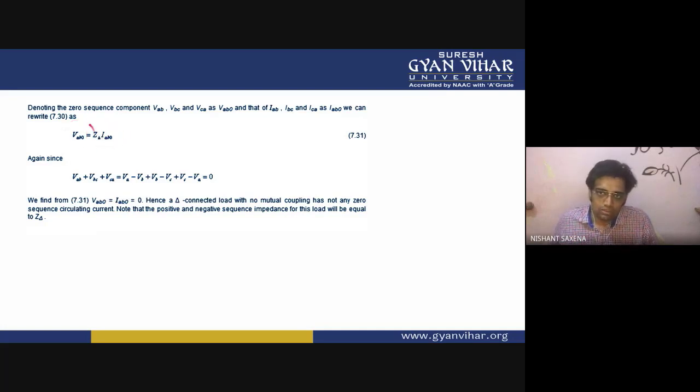Hence the delta connected load with no mutual coupling has no zero sequence circulating current. Note that the positive and negative sequence impedances for this load will be equal to Z delta.